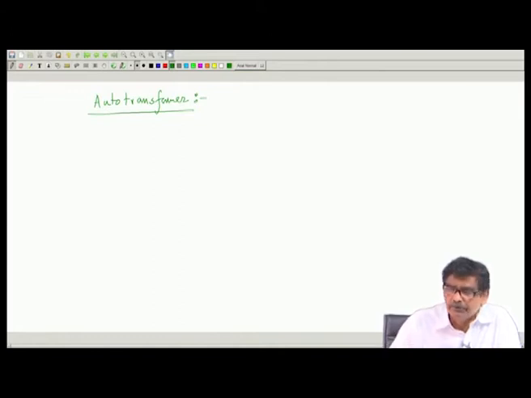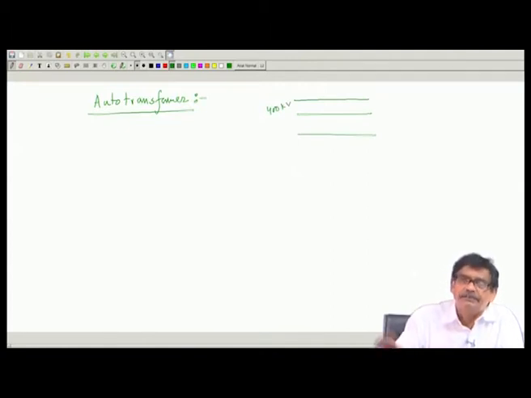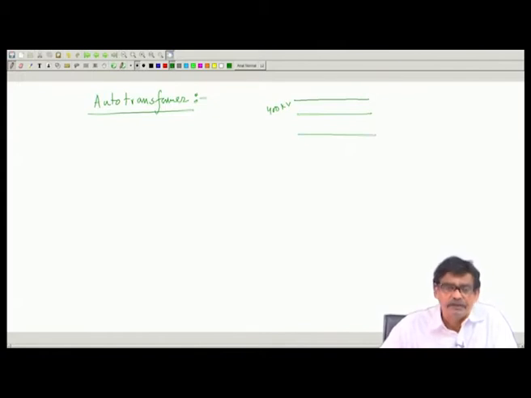Suppose 400 kV is one line, a 400 kV system. Suppose there is an eastern region grid at 400 kV. Now the western region grid also should be supposed to be 400 kV. Another grid, with different colors I will draw, try to understand.